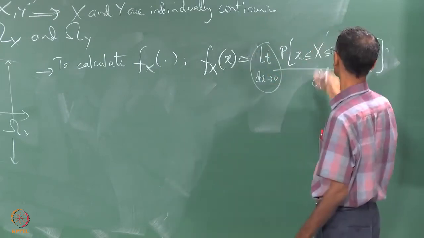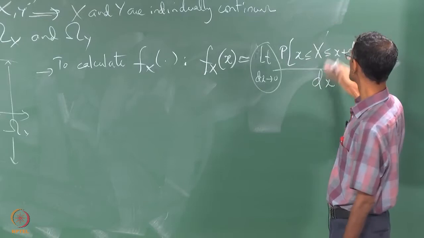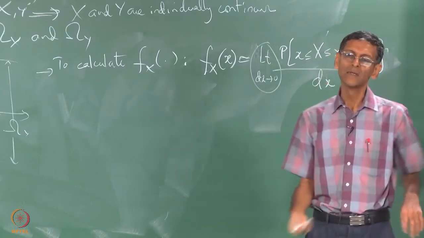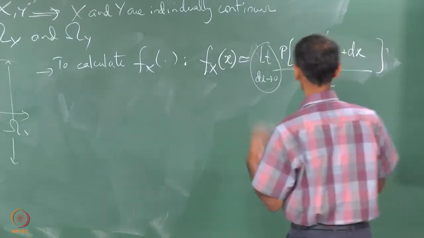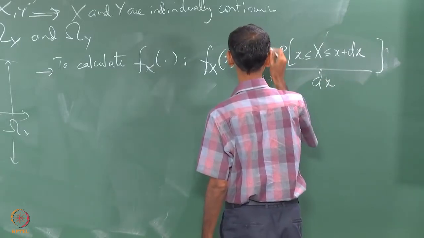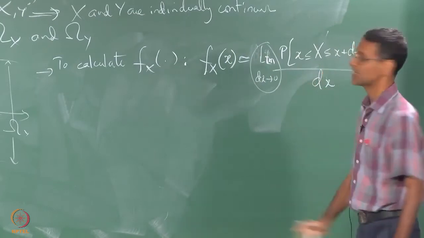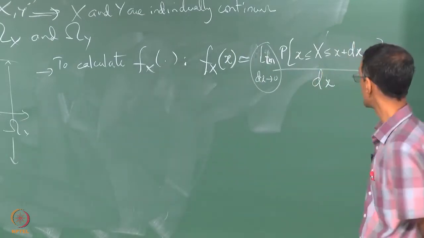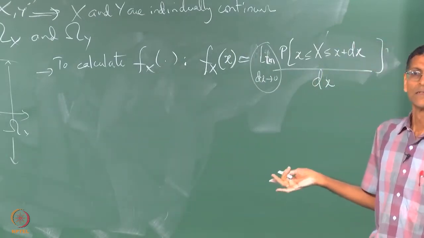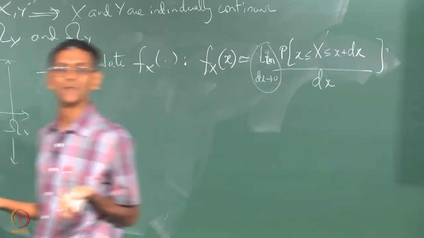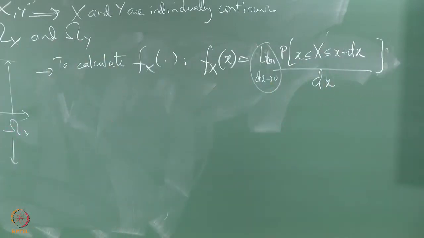What will happen here is that dx will cancel, so in a way it is okay. I may put lim here. It is a limit as delta x goes to 0 of this ratio, that is fx of x, by standard arguments. That is the meaning of a density function, is it not? Exactly as we had in the 1D case, there is no difference.